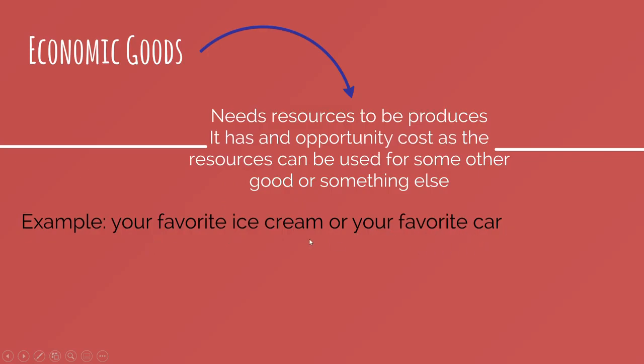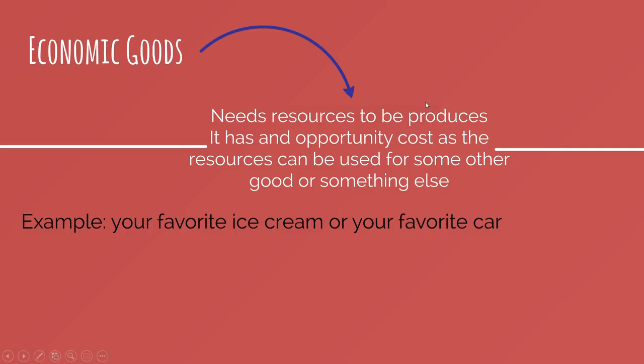The milk used in the ice cream can also be used for something else like cheese or yogurt, anything like that. So an economic good needs resources. For your ice cream, the resource is milk. For your favorite car, it is the aluminium or whatever metal is used in it, I don't know.